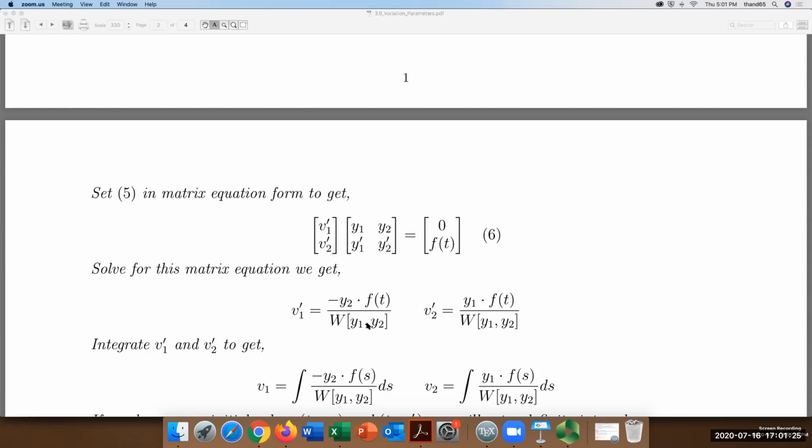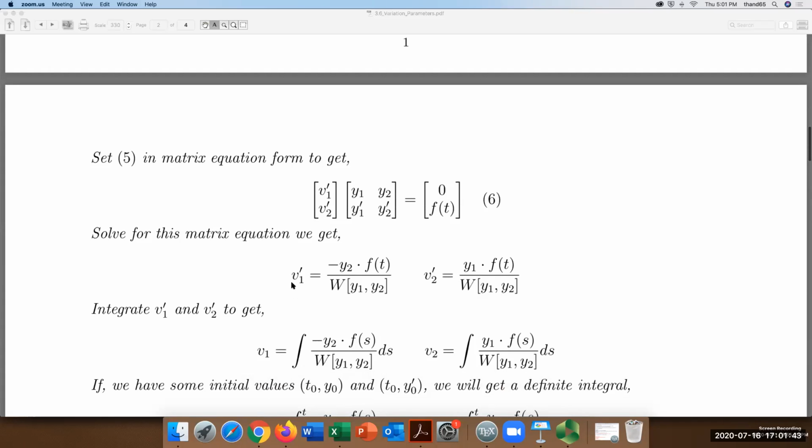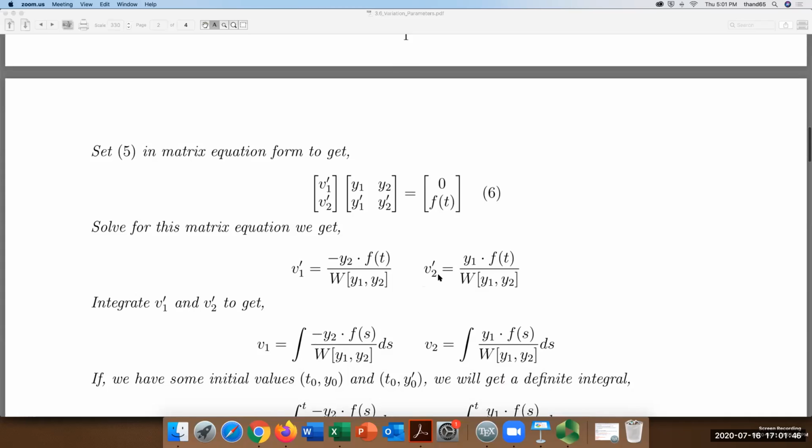And again, remember the Wronskian is y1 times y2 prime minus y1 prime times y2. That's the Wronskian function of y1 and y2. And V2 prime equals y1 times f of t divided by the Wronskian of y1 and y2. So we found V1 prime and V2 prime in terms of y1, y2 and f of t.